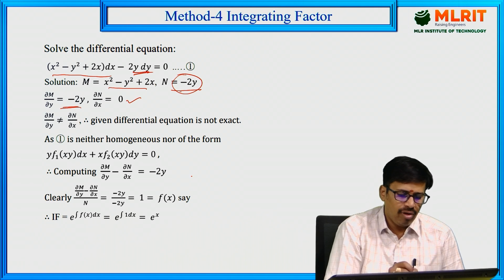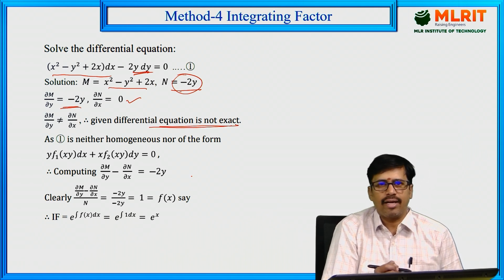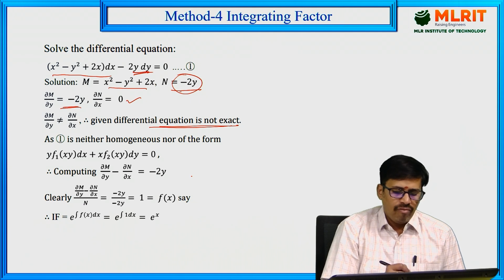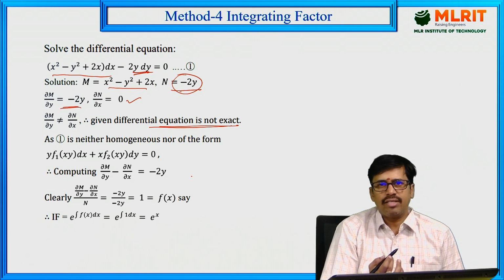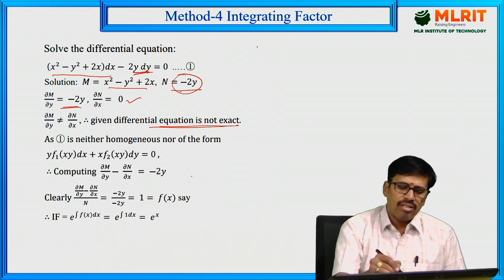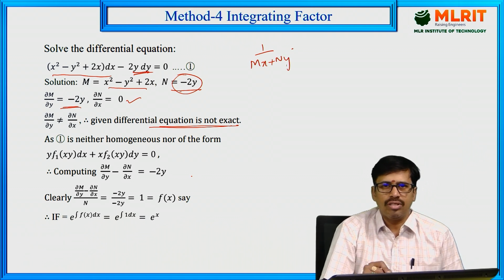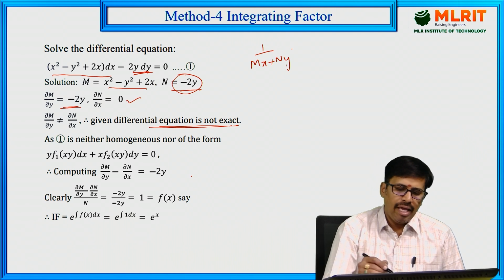Both are not equal, so we say that the given differential equation is not exact. Now when it is not exact, we can apply method 1, method 2, method 3, the trial and error method. We cannot apply method 1/(Mx + Ny) because the given equation is not homogeneous. So let us apply the next method, 1/(Mx − Ny).